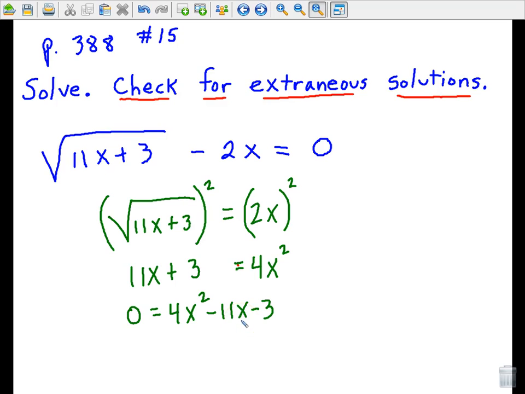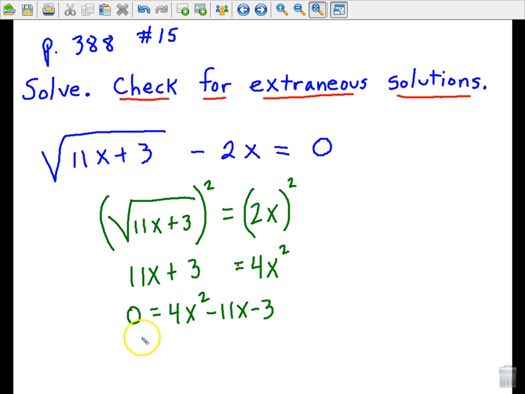Not always, but sometimes. What else? We use the box method to do this. Factoring. So we got 3 possibilities. And the good news for you is, in this particular lesson, when you end up solving a quadratic, they all factor. So that's nice.